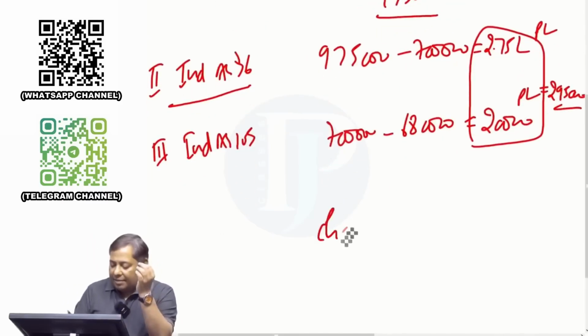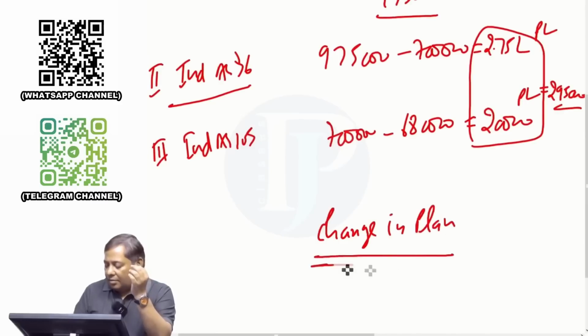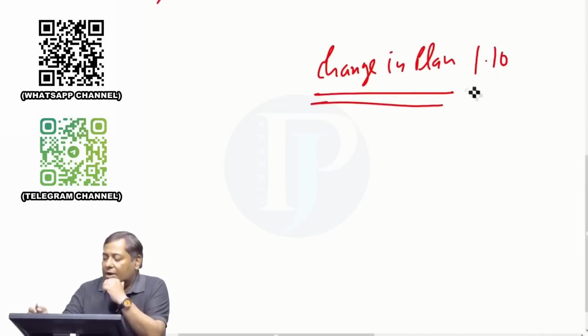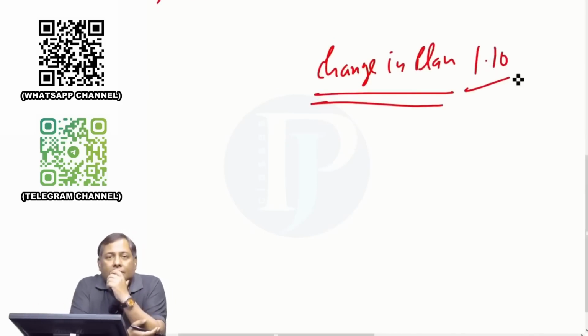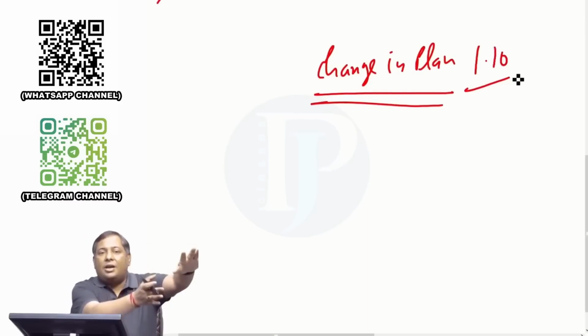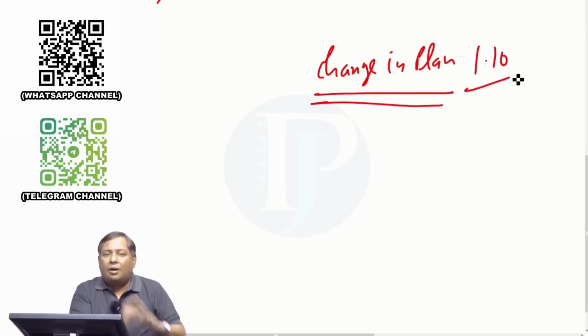Now I come to change in plan. I need to explain this. Change in plan, standing on 1st October. So, you want to move your assets out of 105 and back to Ind AS 16. You folded your hands and said, I won't sell this, I'll use it.